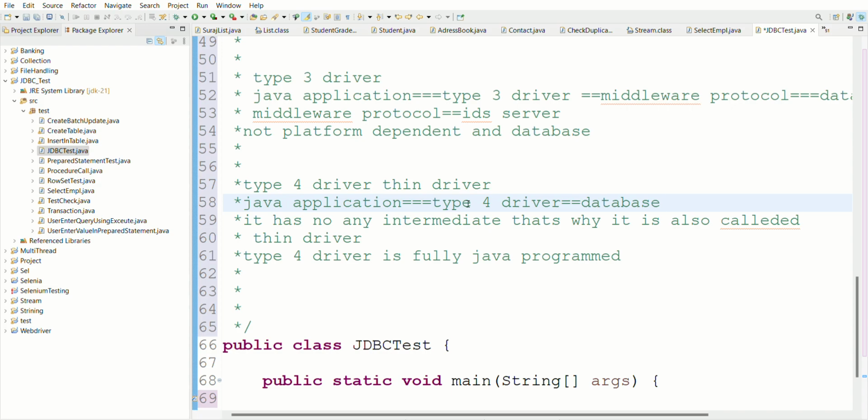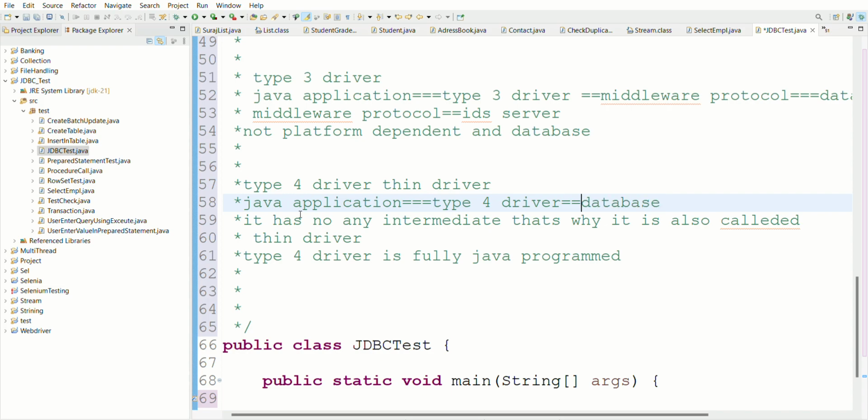Why? Because if anyone asks what the disadvantage of the type 4 driver is, the major disadvantage is that it communicates directly with the database. If there is any problem, then that problem will directly reflect on the database. There is no middle person who will handle anything. Got it?